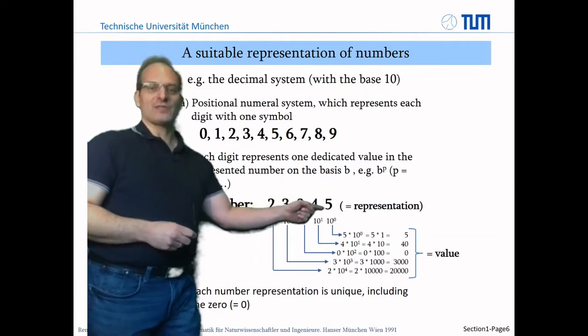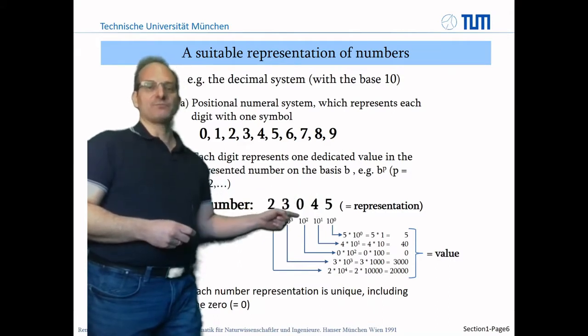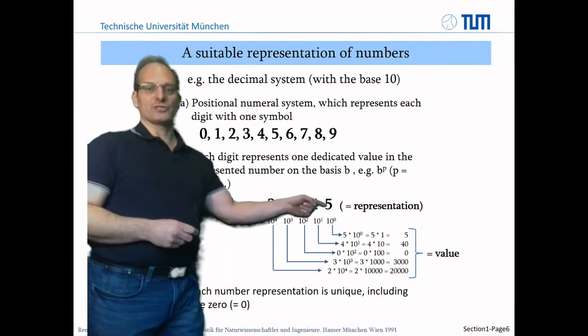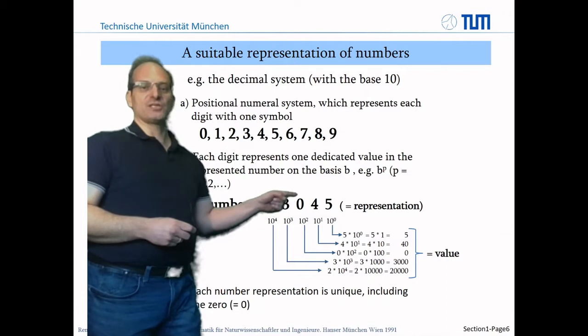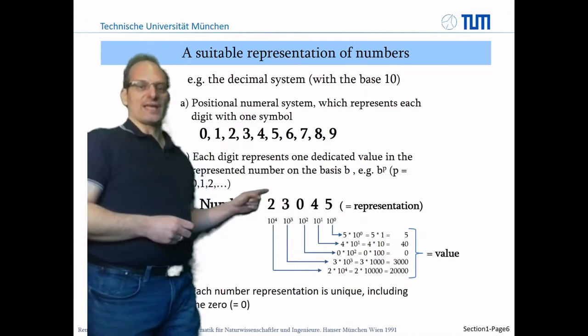So you have something like a positional system. Each position has a specific value. This is the position with value 1, this is the position 10, this is the position with value 100, this is the position with value 1000, and so on.